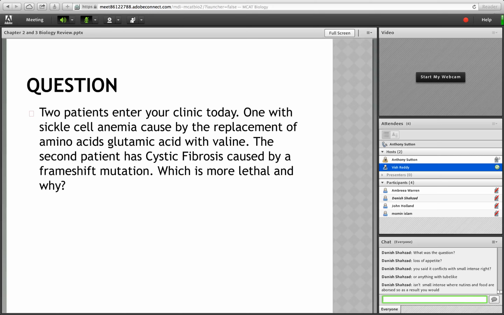Isn't the small intestine where nutrients and food are reabsorbed? Yeah, good. Darnish did a great job. So he said that the small intestine is where you reabsorb a lot of your nutrients and things like that, right? Perfect.